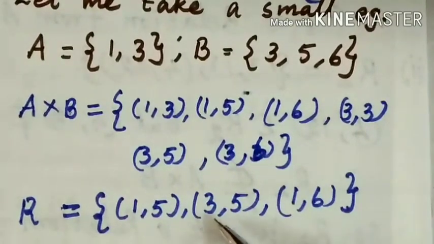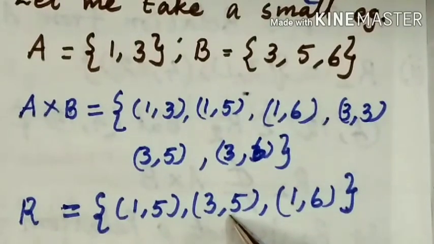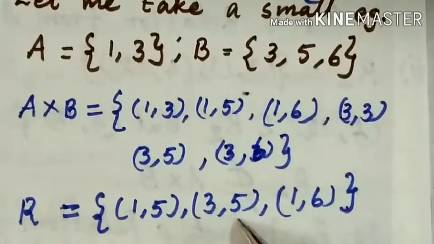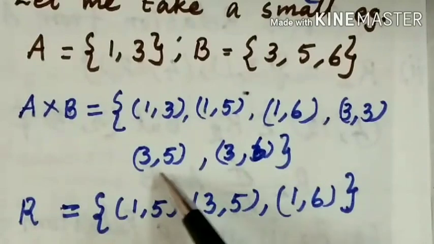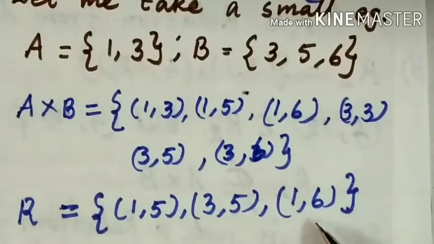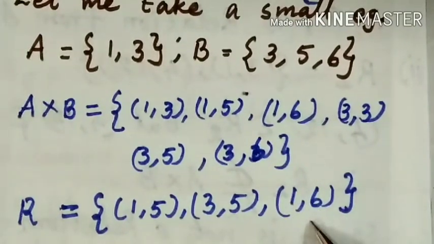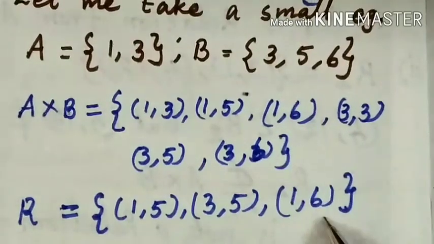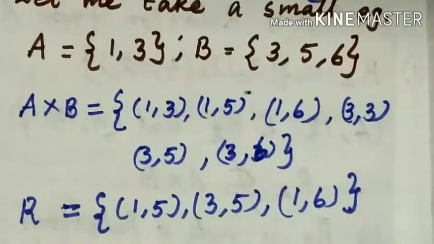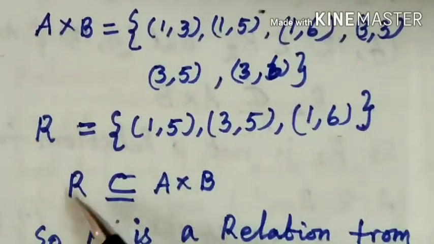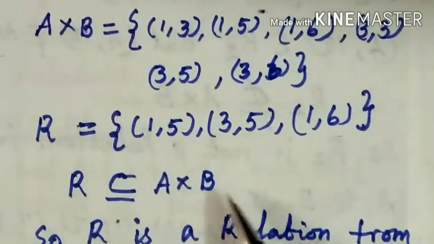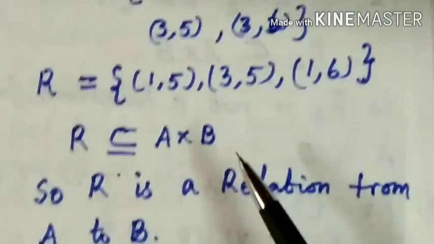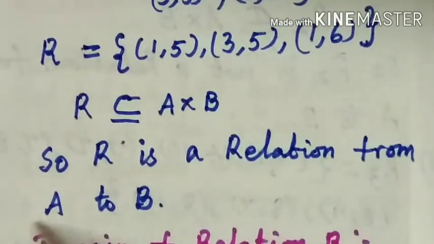Then the next element (3, 5), is it present in A cross B? Yes. Then the third element (1, 6). Is this present in A cross B? Yes. Therefore, R is a subset of A cross B. So, R is a relation from A to B.